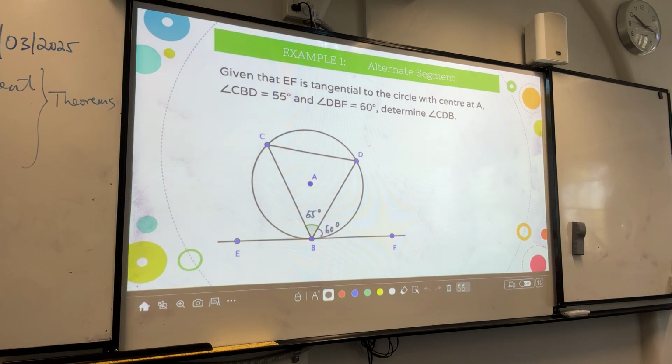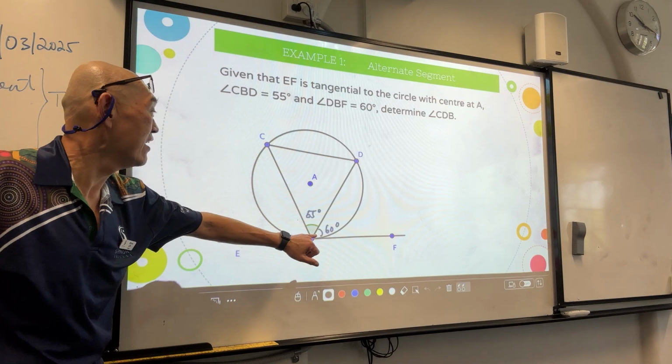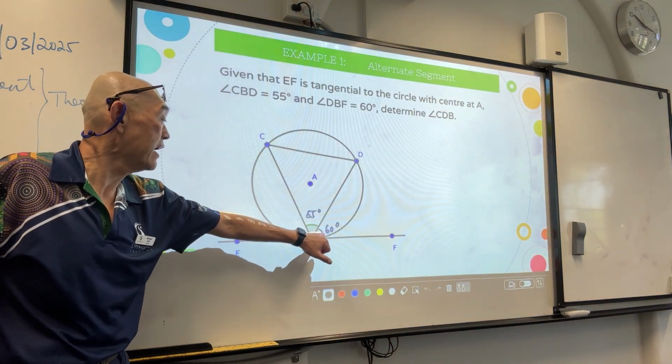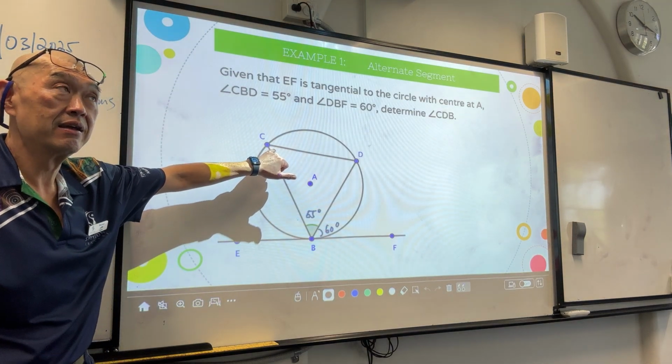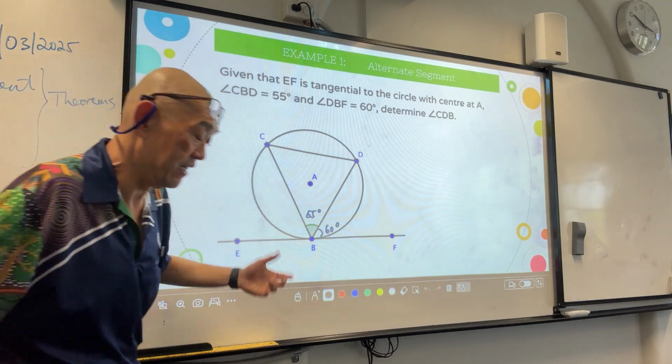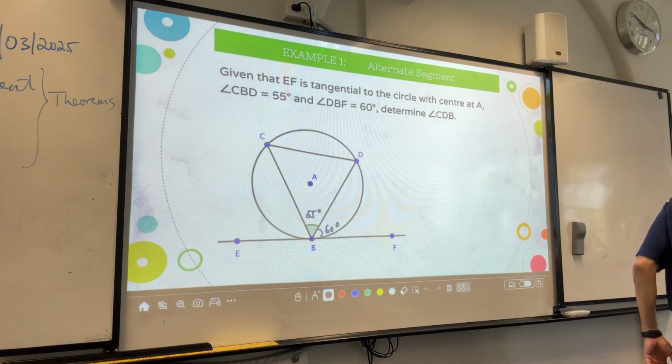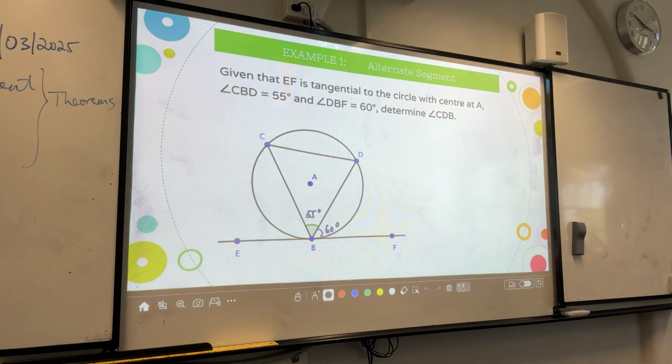One way of doing it is using the alternate segment theorem. This angle is the same as that angle, correct? Therefore, you can work out the missing angle by using the angle sum of the triangle. That's how I did it. So I wrote down BCD is 60 degrees, and of course the explanation.